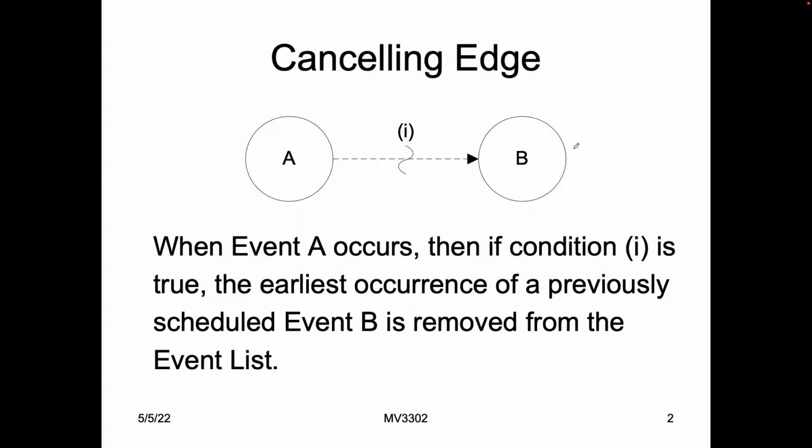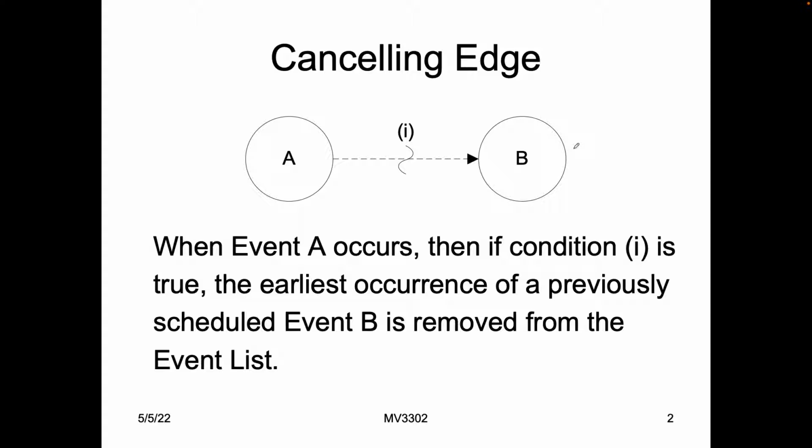Then what happens? So remember, as far as the model is concerned, events on the event list are just going to get processed. So again, just thinking about how this could occur.